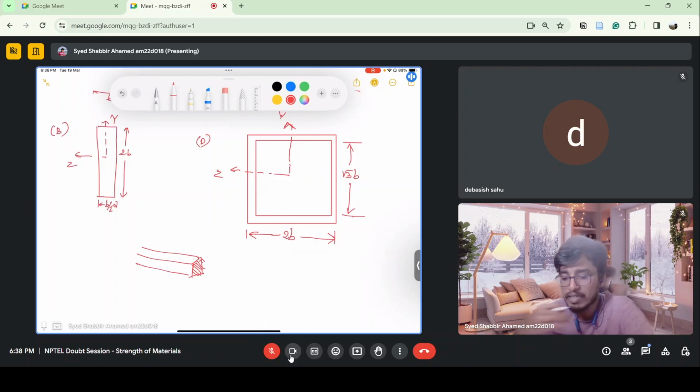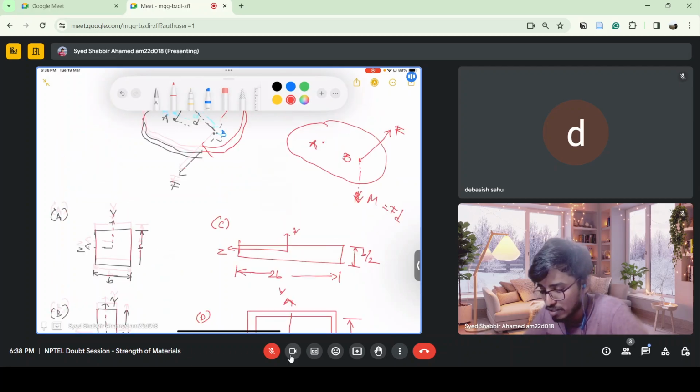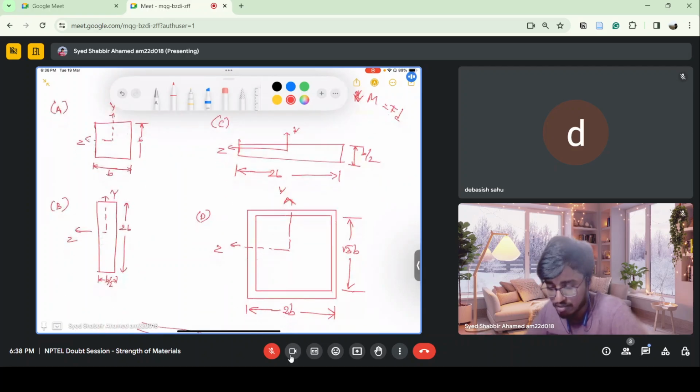If I apply an axial tensile force, which of the cross sections will you choose to minimize the axial stress? Which cross section will give me efficient transfer of axial force or minimum axial tensile stress?